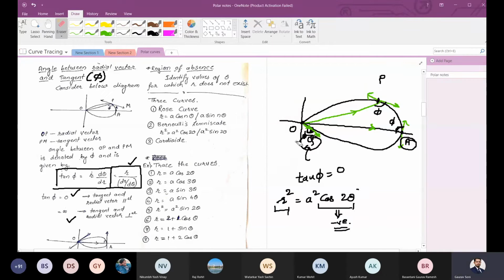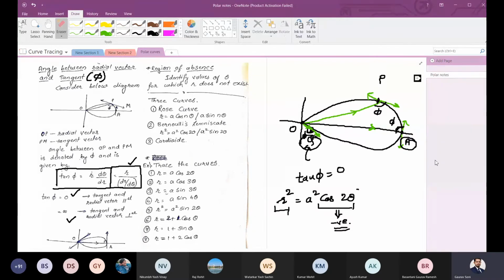These are all the points. Again, I will sum up everything. First, we need to check the symmetry. Second, we need to check whether the curve passes through the pole. If it passes through the pole, then we look at the tangents at the pole. Once we have the tangents at the pole, we look at the angle between the radial vector and the tangent vector.